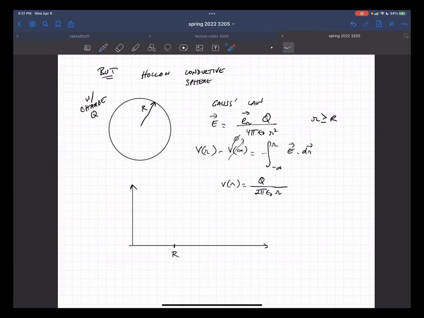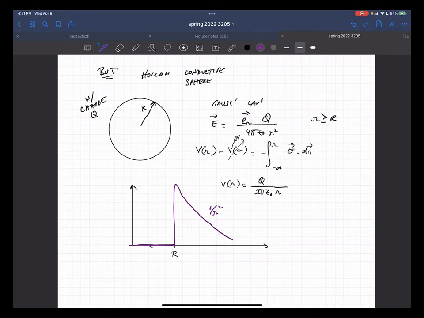You would get no electric field inside the sphere, so the electric field would be 0 inside, and then at the radius you would get a big jump in electric field, and then it would have a 1 over R squared component.